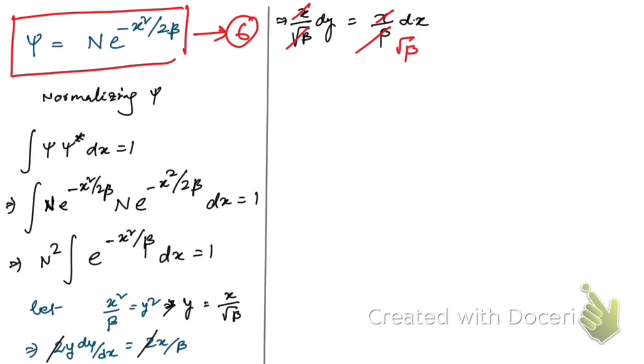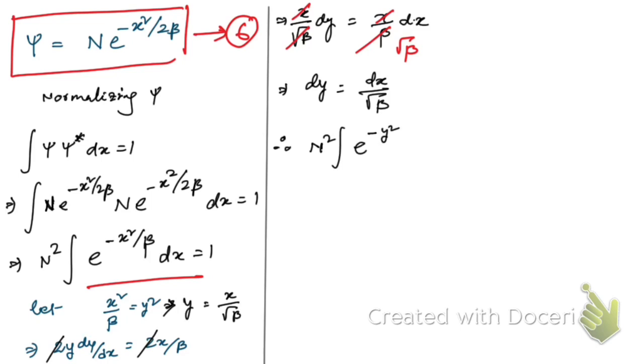So dy is nothing but dx by root beta, and if we substitute this in this equation, we have N square integration e to the power minus y square, and instead of dx we get, so this beta should be multiplied here, right?